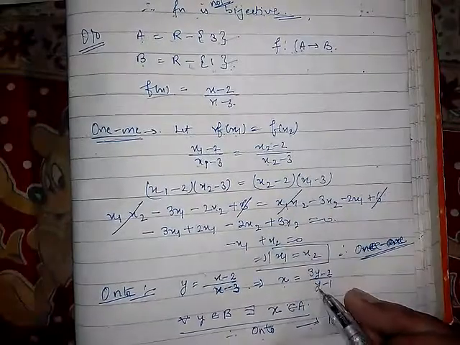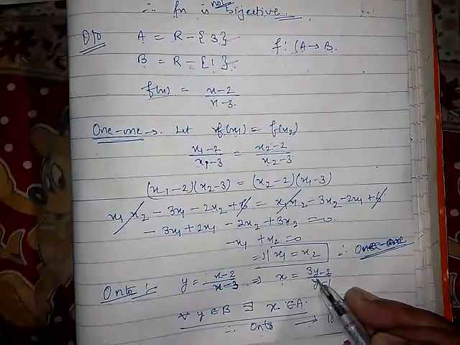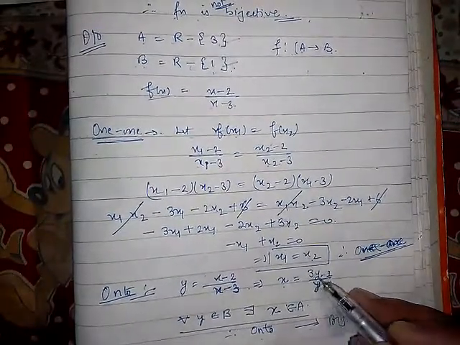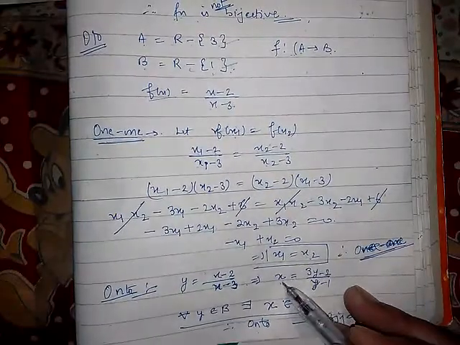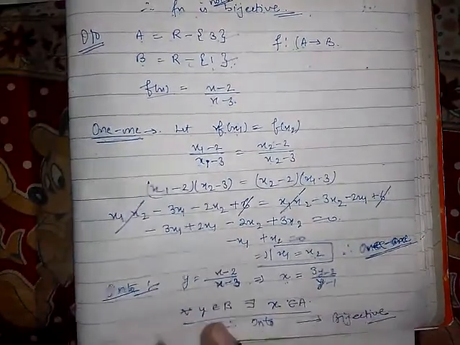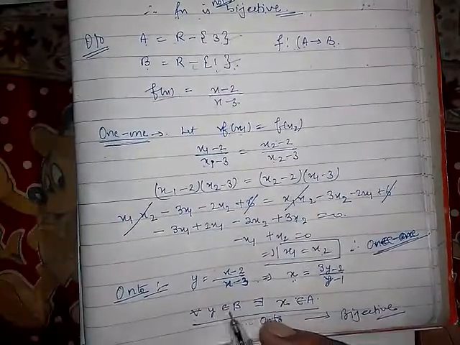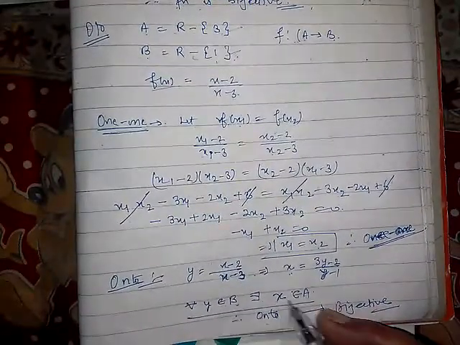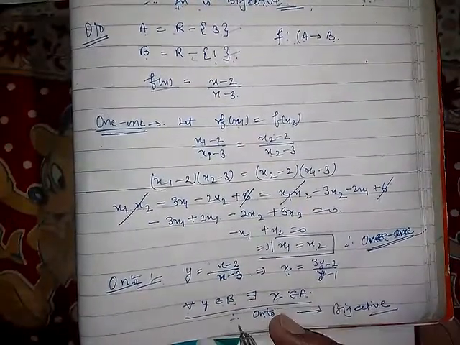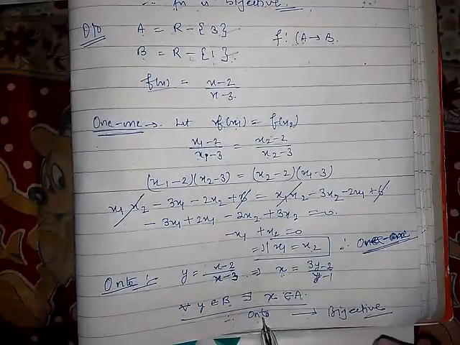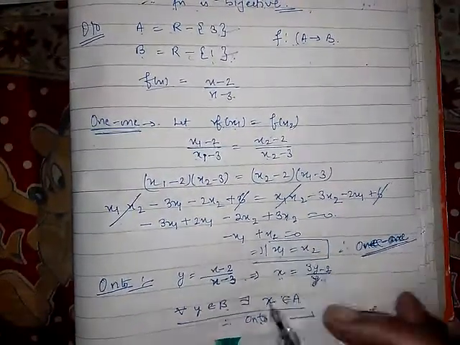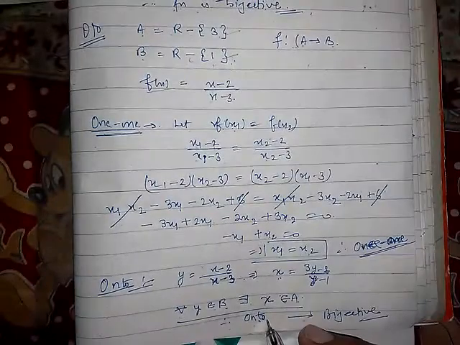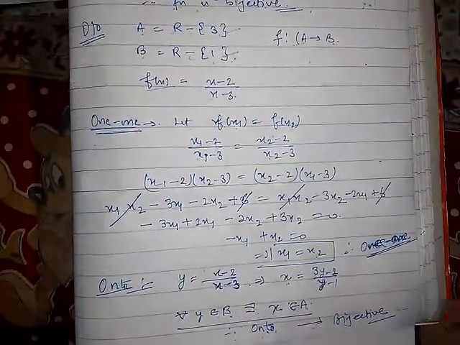So whatever real value you put for y, you will get the corresponding real value of x here. Okay, so written here, for all y belongs to B, there exists x which belongs to A. So therefore this will be an onto function also. So the given function is one-one as well as onto function, so that's why it will be a bijective function.